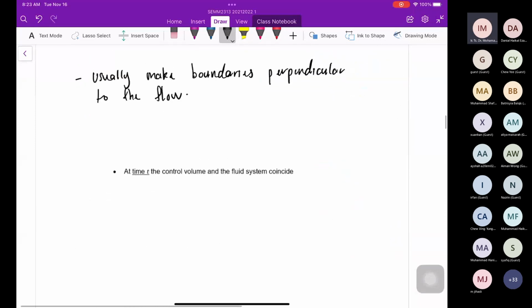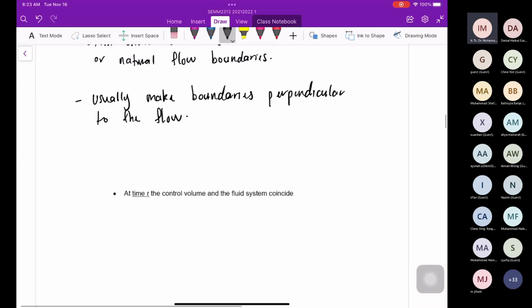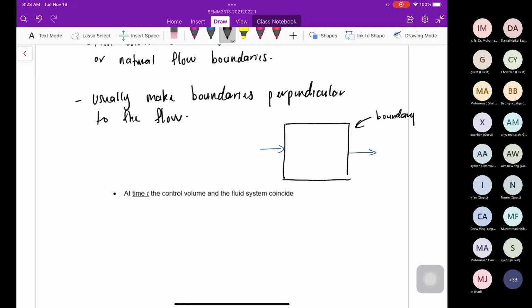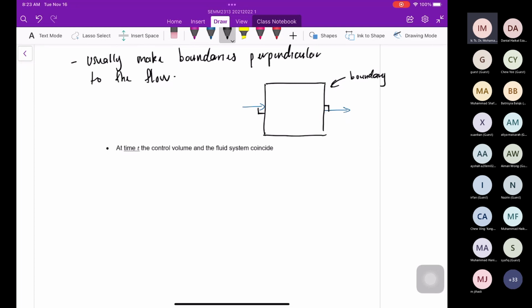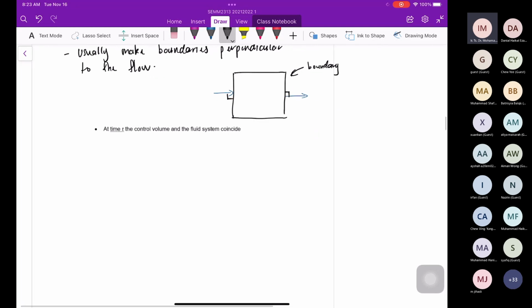Right? So, for example, usually make the boundary perpendicular to the flow. So for example, this is the flow from left to right. We can make the boundary perpendicular. This is our boundary. Must be perpendicular. All right. At time t, the control volume and the fluid system coincide. This is the start.